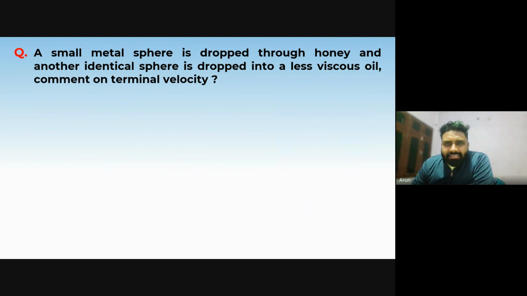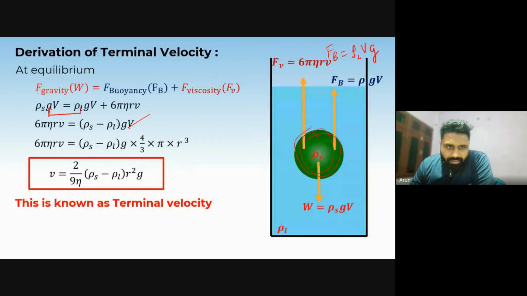Now you can easily answer this question. A small metal sphere is dropped through honey and another identical sphere is dropped into a less viscous oil. Comment on terminal velocity. From this formula, you can say that the velocity is inversely proportional to viscosity.